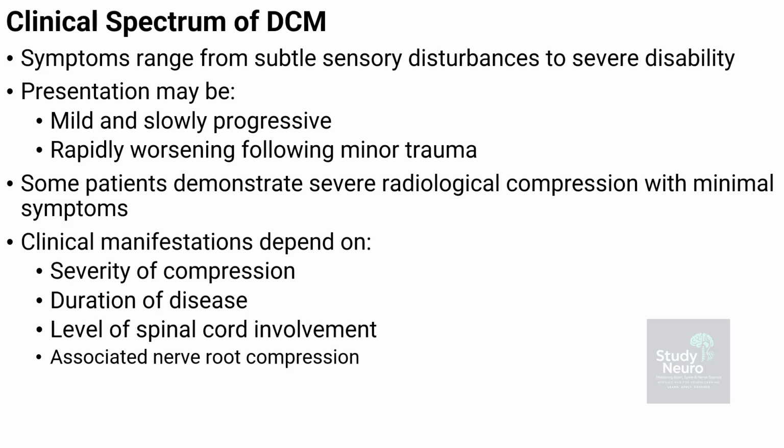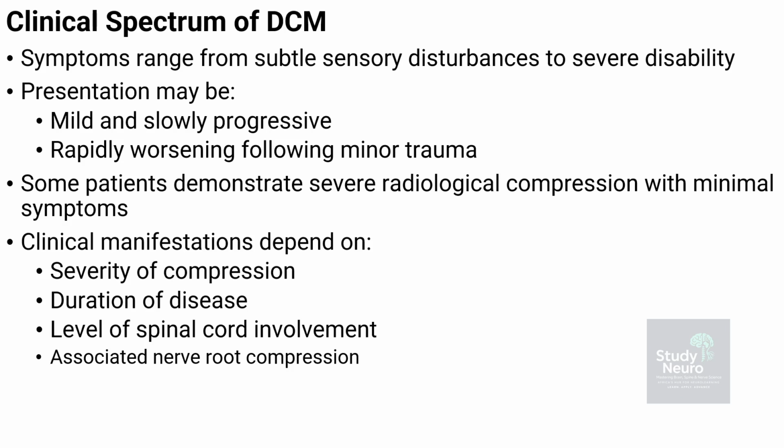The clinical spectrum of degenerative cervical myelopathy is broad and reflects how differently the spinal cord responds to chronic compression across patients. Symptoms may begin with mild sensory changes and progress to significant disability, affecting mobility and independence over time. It does not present in a single fixed pattern.